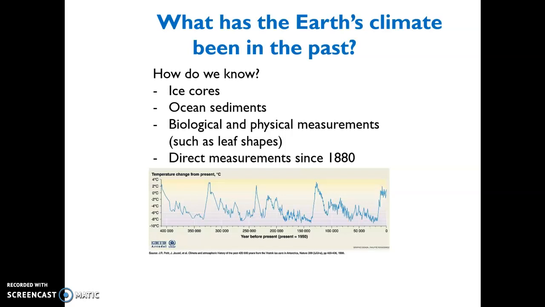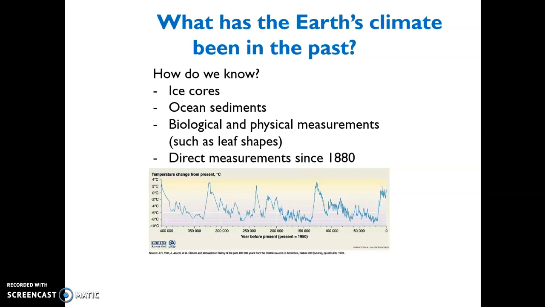So some of these leaves over the centuries, over the thousands of years actually, became fossilized. And so scientists can go back and look at the age of the fossil and what type of leaf shape was present and determine what the temperature was at that point in time.